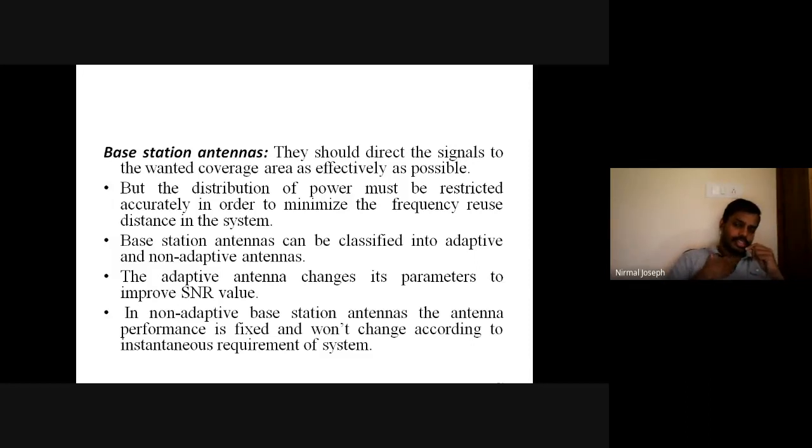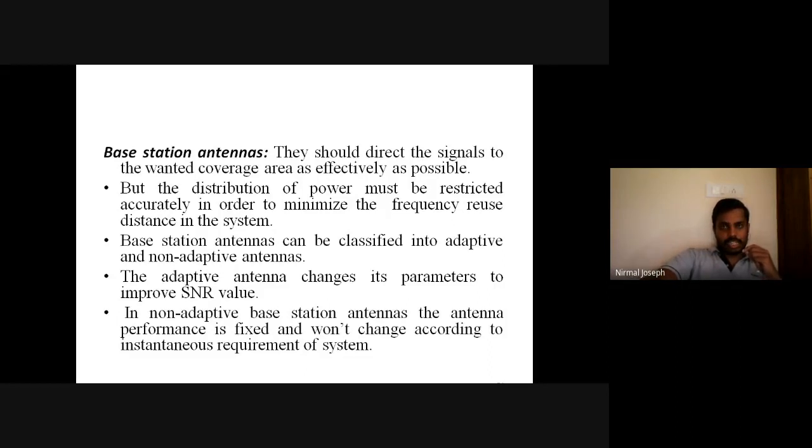Frequency reuse, we already saw frequency reuse. In a cellular system, since the area is divided into cells, distant cells can use the same frequency. There is no problem, no interference will be there. But in order for that to happen, the power should be minimized.